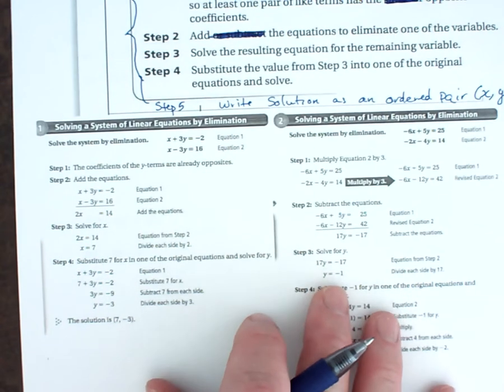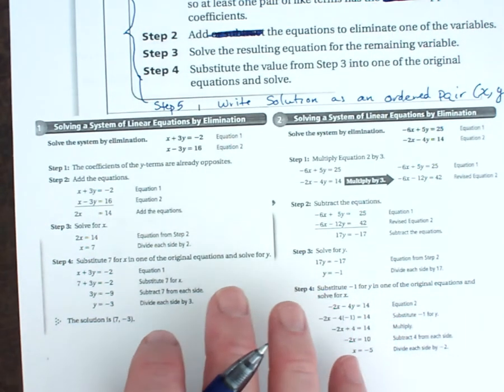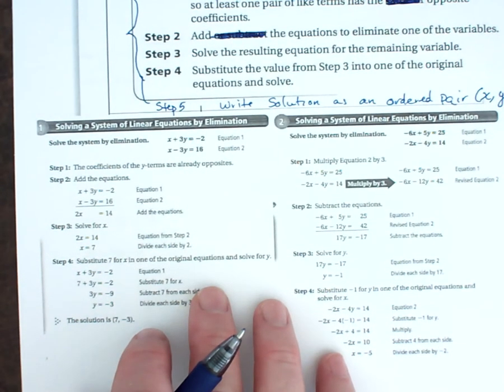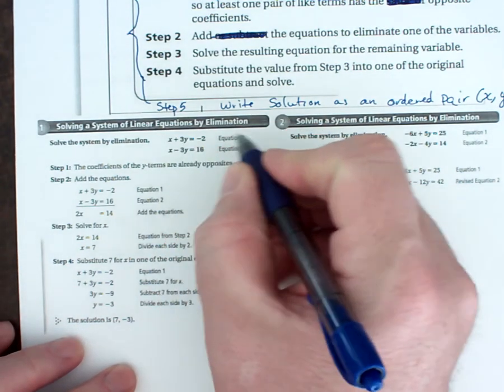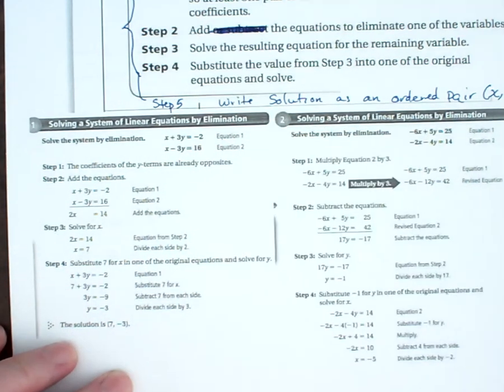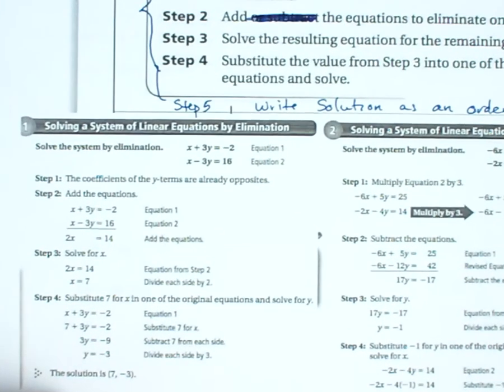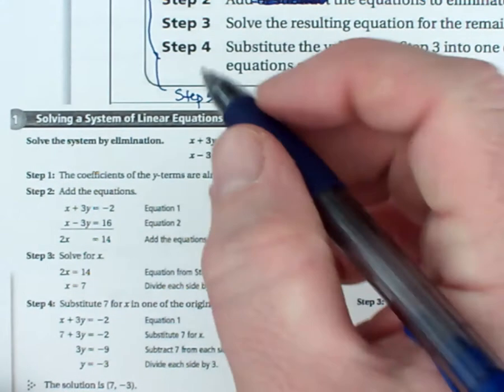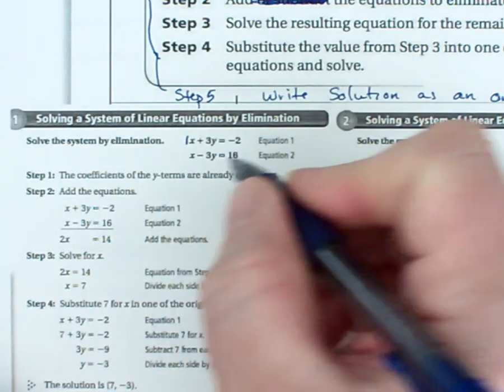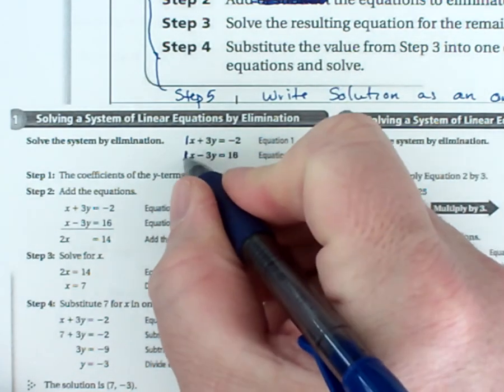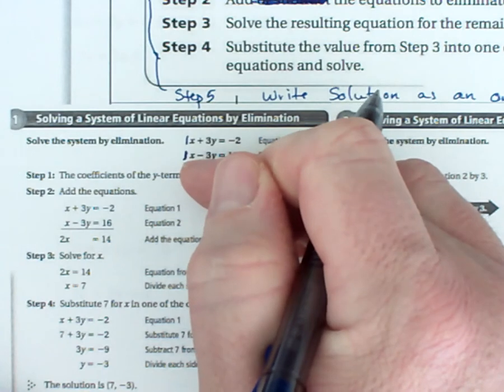Let's look at the first example. In the first example, we don't have to apply step 1. So what we do first is we look at the equations. We have equation 1 and 2. I'm going to make this a little bigger. And then we look at the coefficients. This has a coefficient of 1 and 1. If I add these together, I'm going to get 2x.